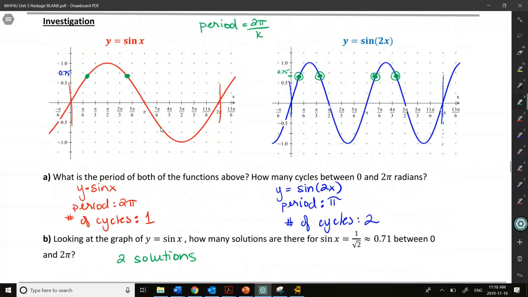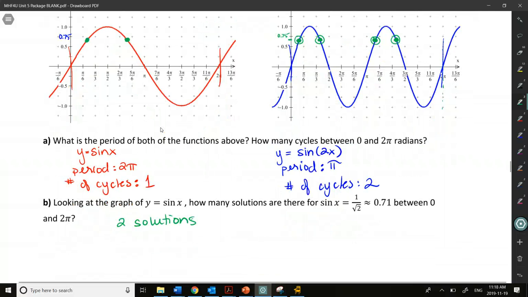So I have taken my period and I've halved it, right? What used to fit between 0 and 2 pi now fits between 0 and pi. And I have double the number of cycles between 0 and 2 pi in my sine of 2x graph, right? I've compressed it by a factor of half. So what normally fits between 0 and 2 pi is now doubled in that range.